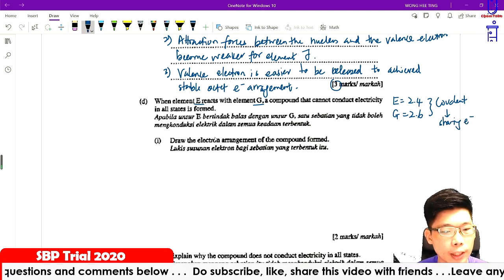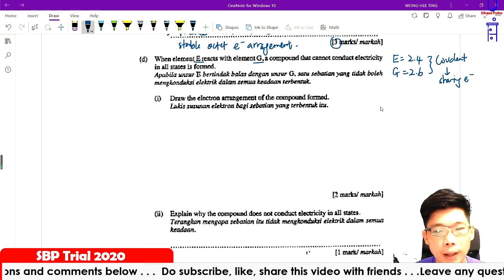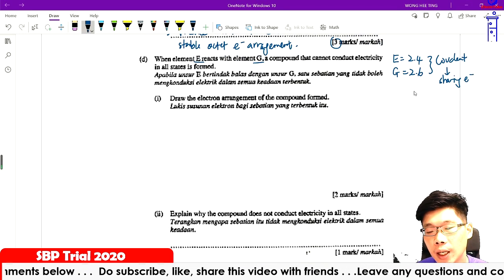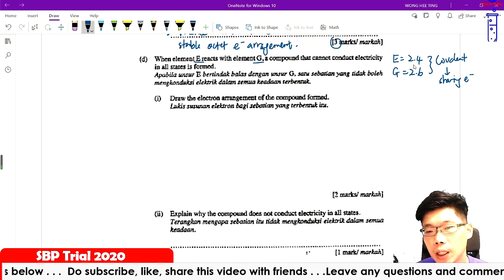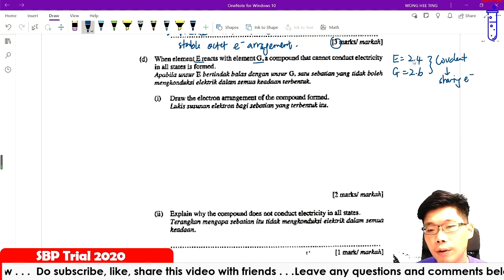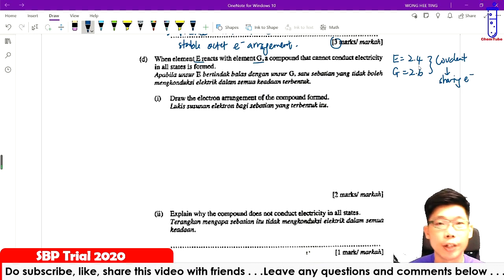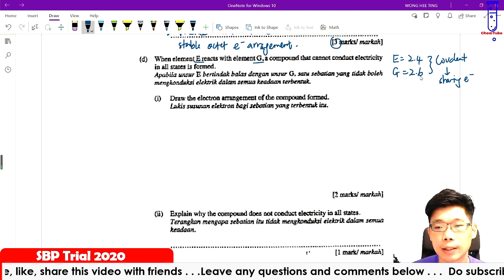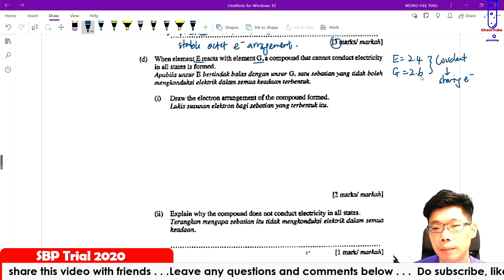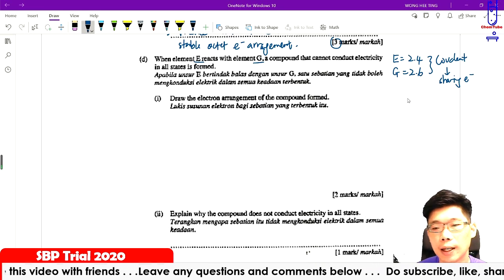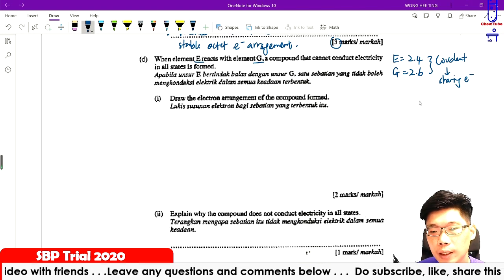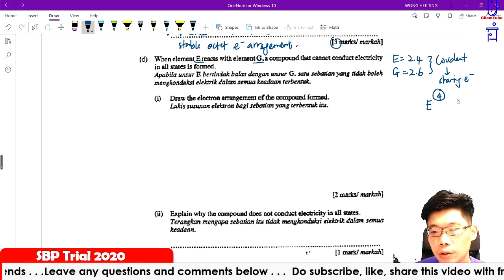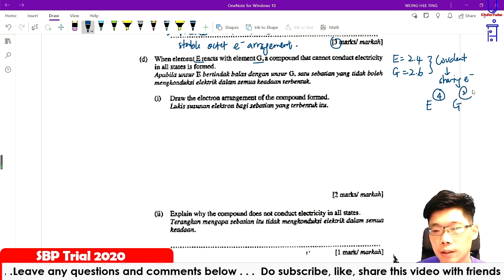Okay, so draw the electron arrangement for the compound formed. Here actually we can roughly predict. E needs another 4 electrons to achieve octet electron arrangement. G needs another 2 valence electrons to achieve stable octet electron arrangement. So E needs to share 4 electrons, G needs to share 2 electrons.